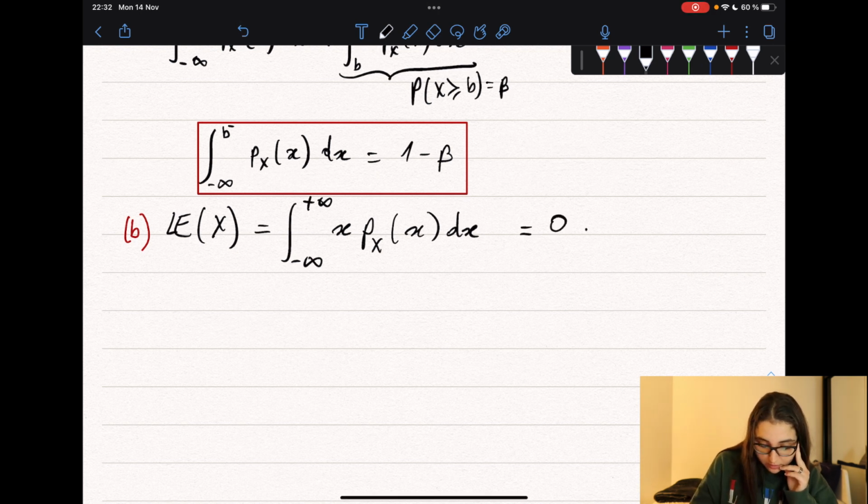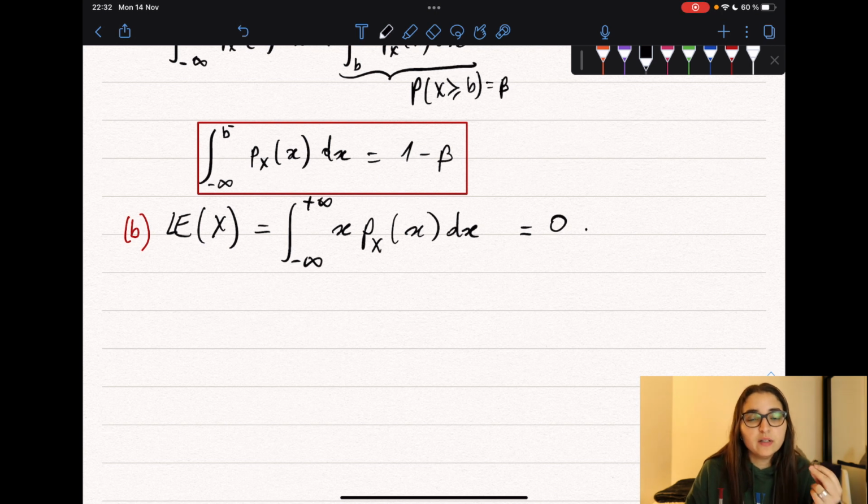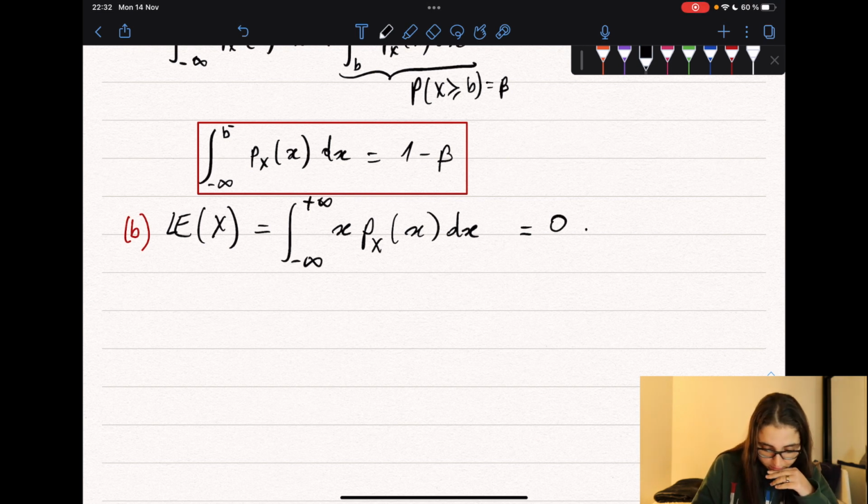Which means that if we split this up and express it in terms of b, we're going to see one part of what we're trying to prove show up.